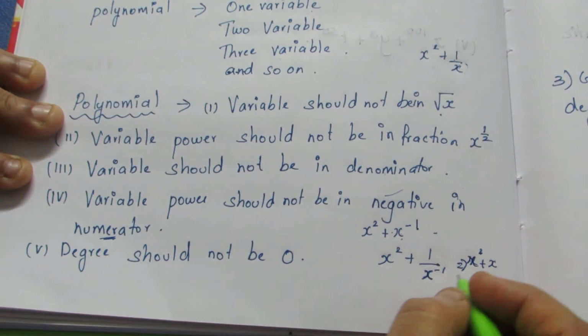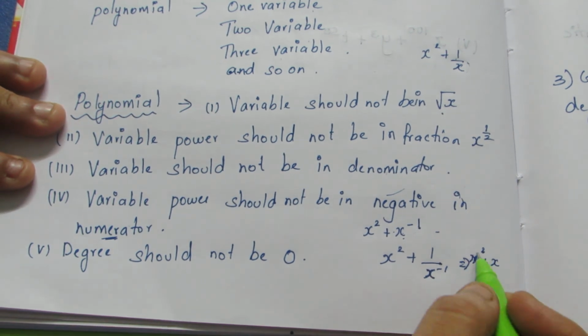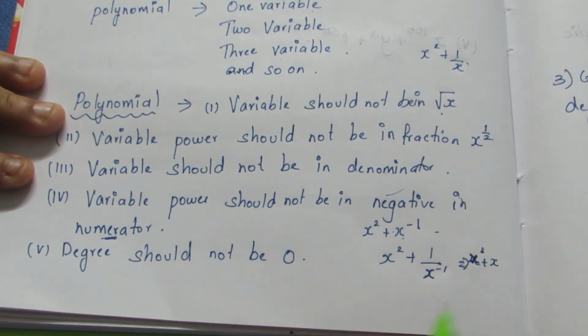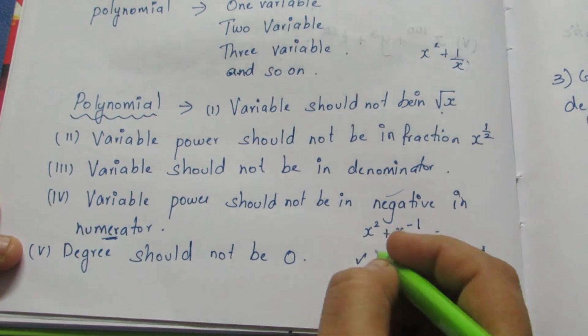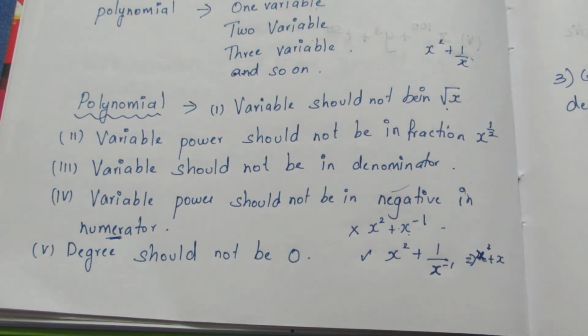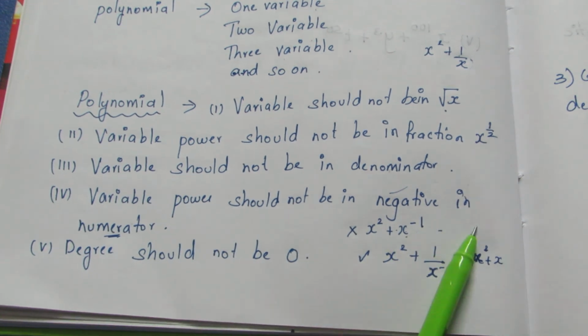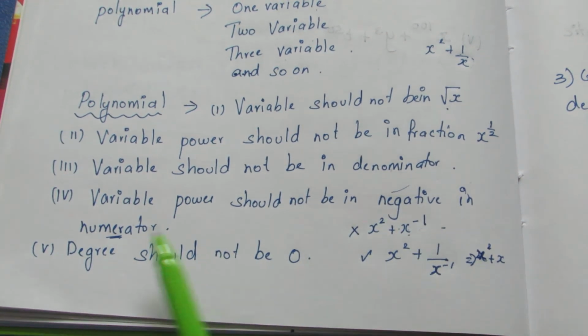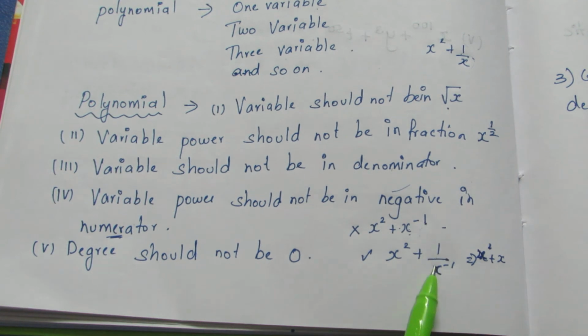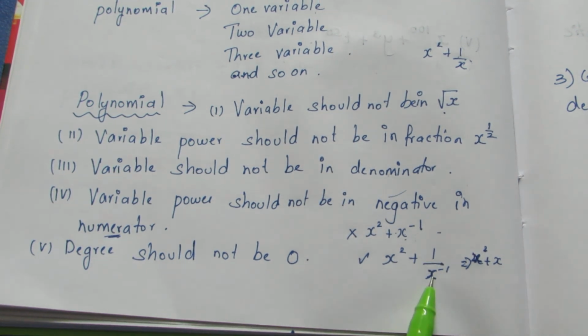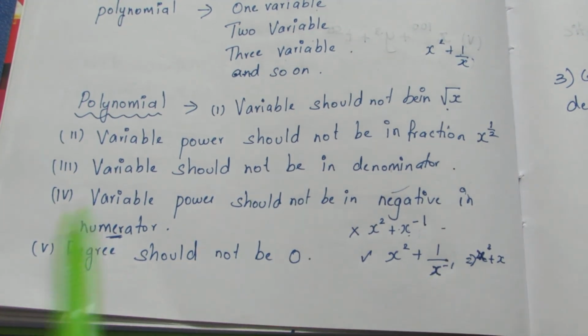It goes upside, to the power 1, so I have not written 1. This is only x square plus x. So this is a polynomial and this is not a polynomial. So be careful that the variable power should not be negative in a numerator, but it can be negative in a denominator.